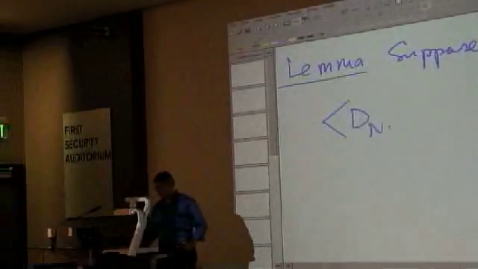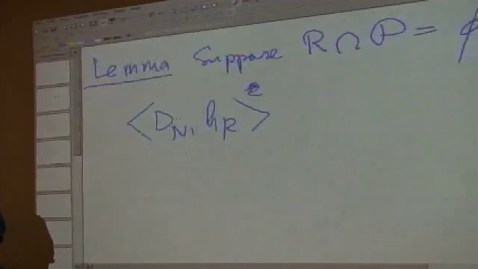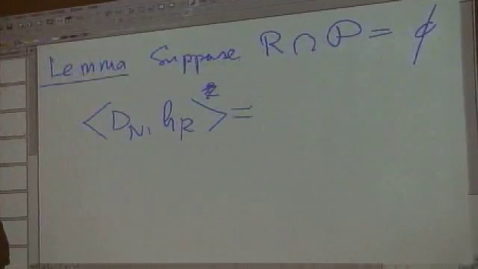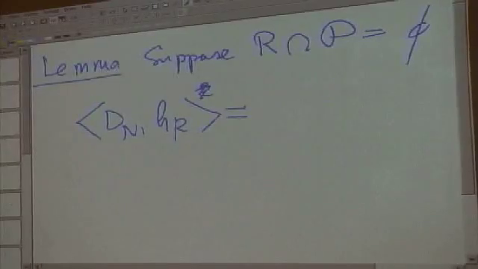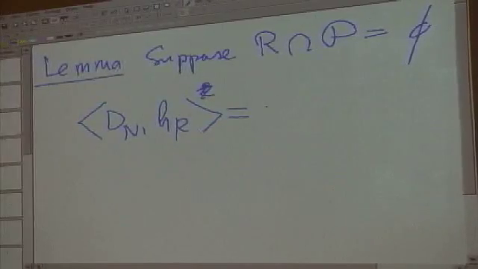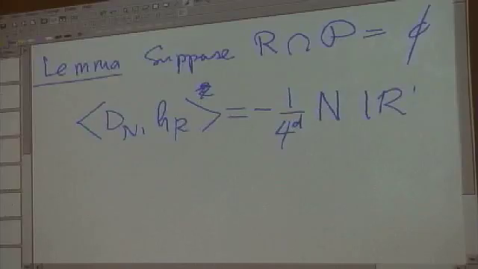Then the inner product of the discrepancy function with h_R we can evaluate exactly: minus 1 over 4 to the dimension, n times the volume of the rectangle squared.